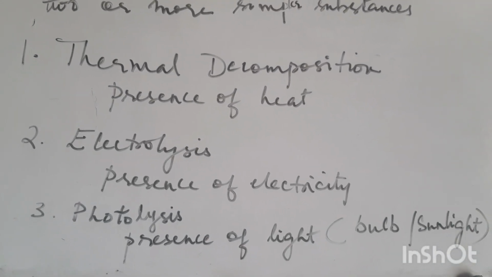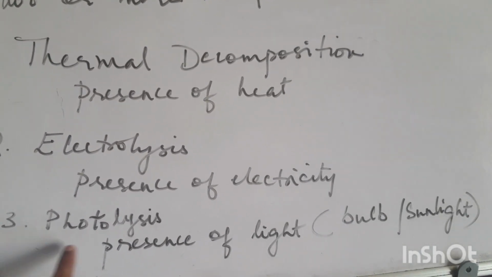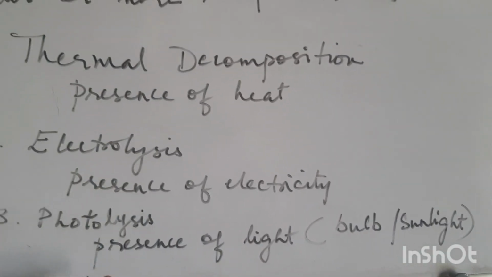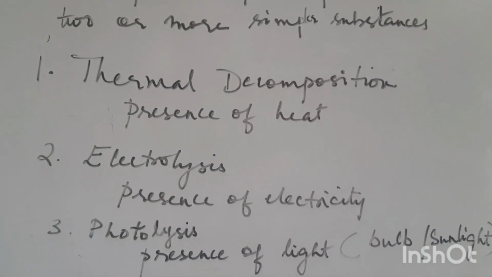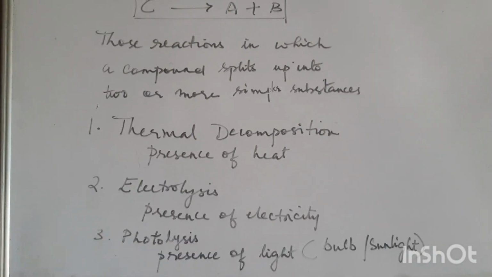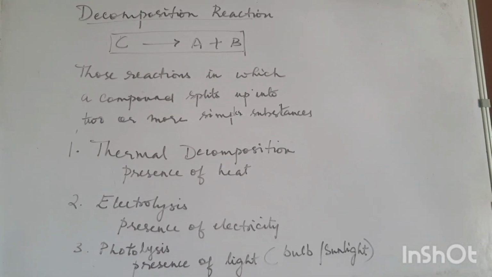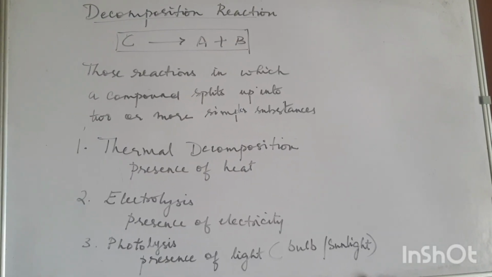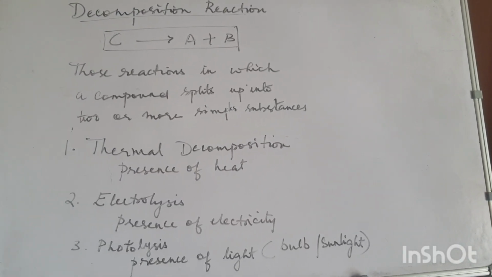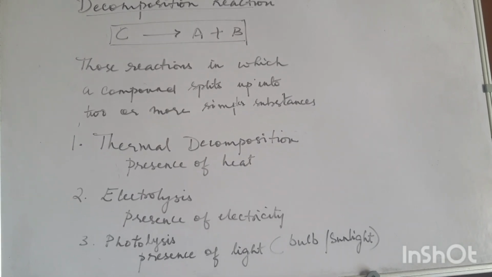And if decomposition happens in the presence of light, so here light can be from a bulb, or it can be sunlight, in that case, you call that decomposition reaction photolysis. So three types are there: thermal decomposition, second one is electrolysis, and the third one is photolysis. So in detail, we have to learn the three types of decomposition: thermal, electrolysis, and photolysis.